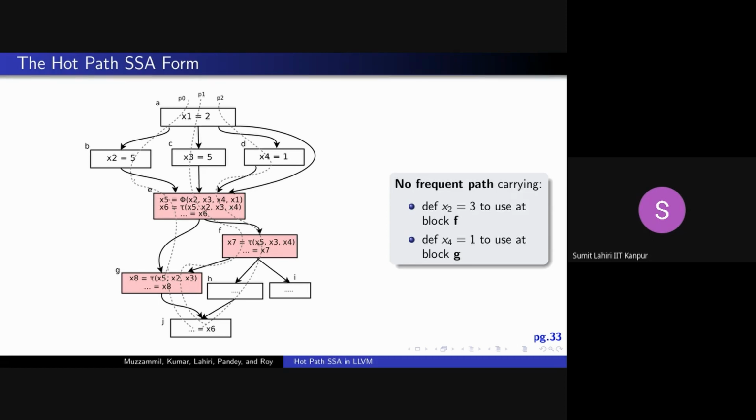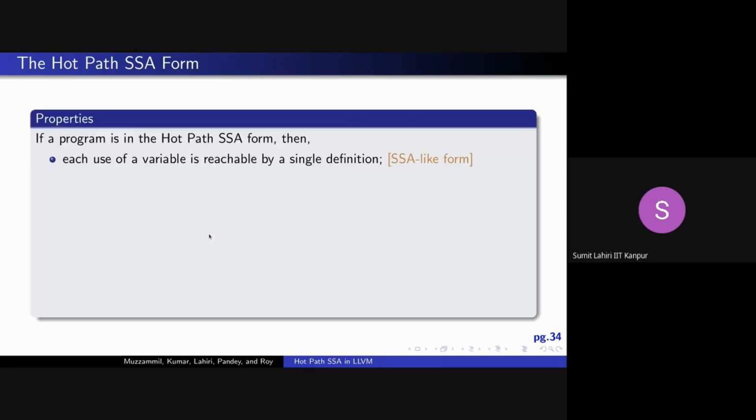So we do the same thing across all the nodes where there is an intersection between the hot and the cold paths. So we have a strategic way of placing these tau functions, the way phi functions are placed. If the program is in Hot Path SSA form, then each use of the variable is reached by a single definition.